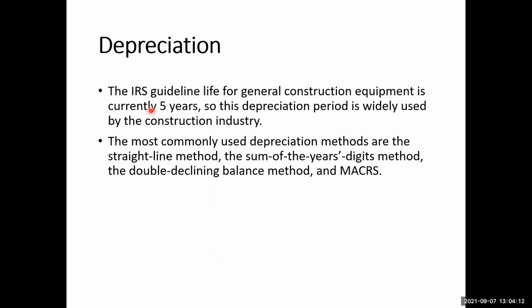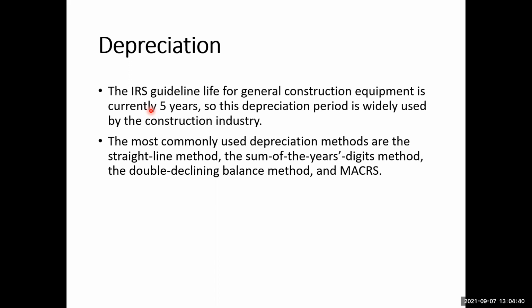This is recommended by the Internal Revenue Service of the USA, and it may be the case for most other countries as well. So in this chapter, we will normally take 5 years as the useful life for general depreciation purposes.